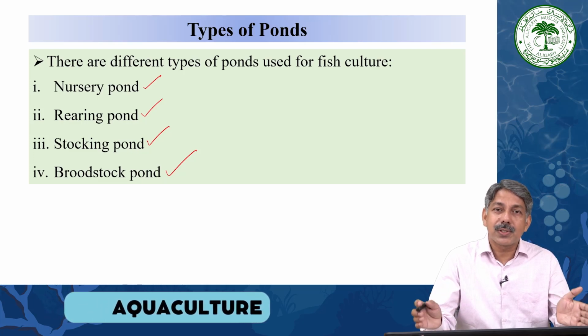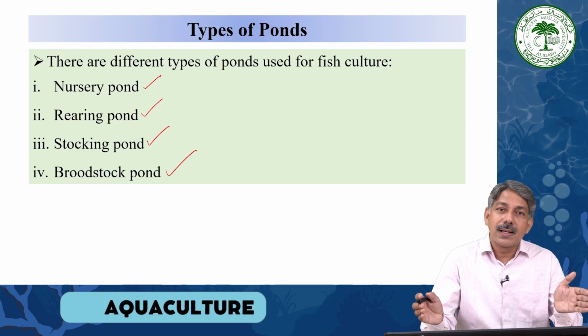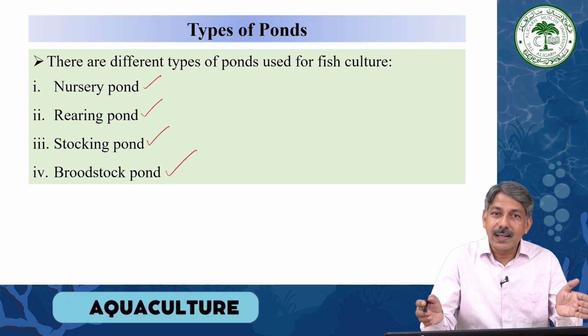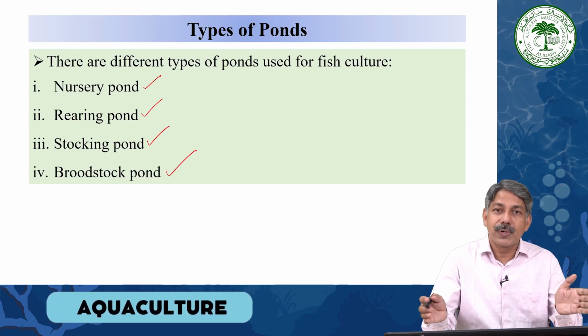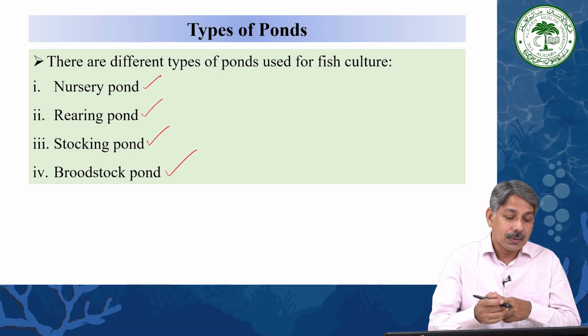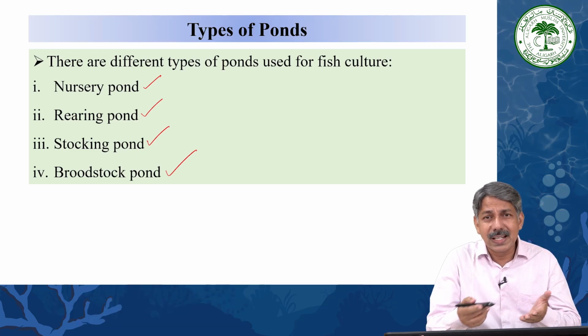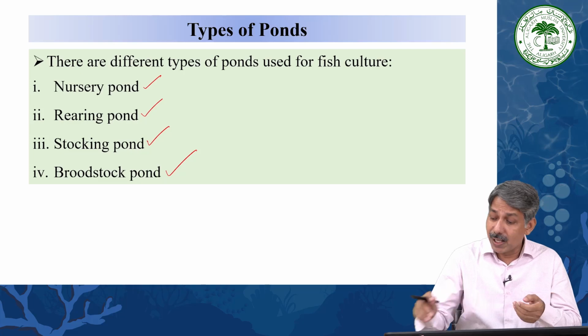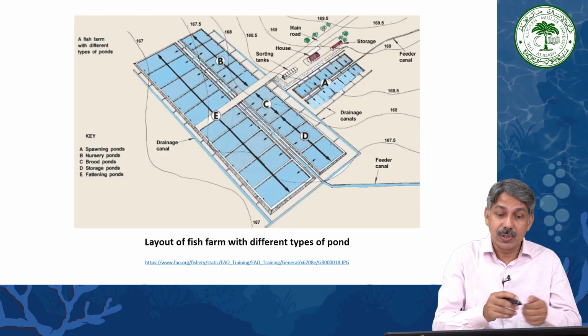You can keep that fish in that pond and quarantine it for a few days. When everything is fine, then go and stock that fish for your purpose. So that is sometimes called a quarantine pond. Some people may also call it a conditioning pond if they are using it only for conditioning.